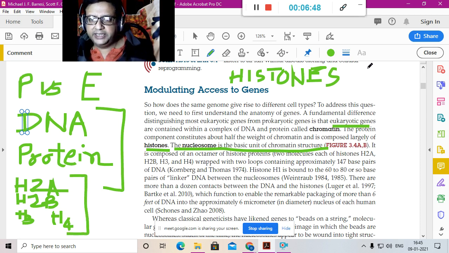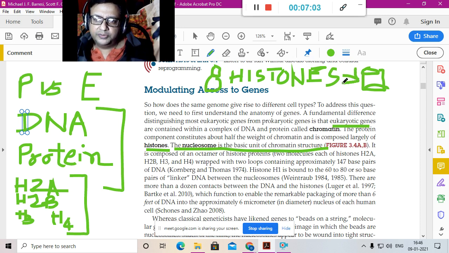So these 8 histones together form this nucleosome core. And on this, the DNA is wound.